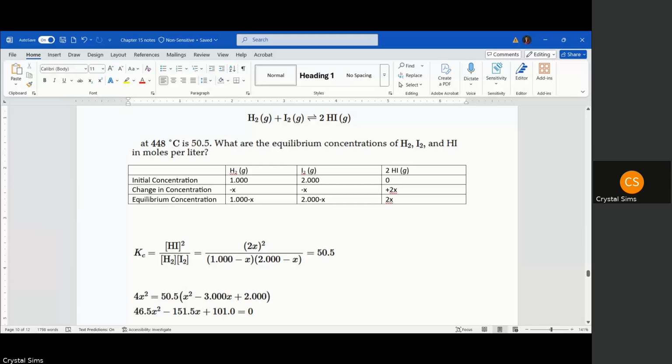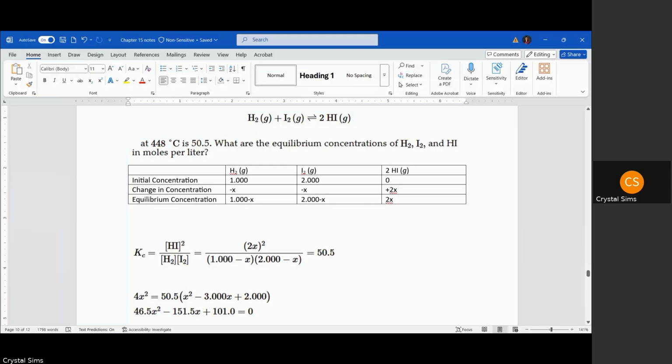So now, what do I do? And this is where you kind of have to take a step back and think about, all right, how am I going to solve this problem? So we know that for our reactants, the concentration is going to decrease.